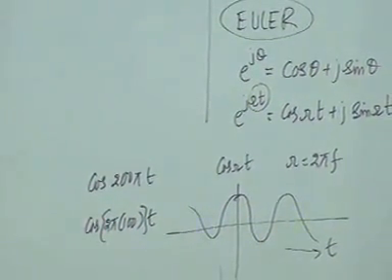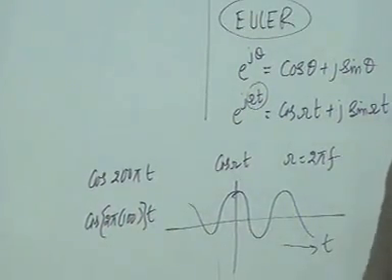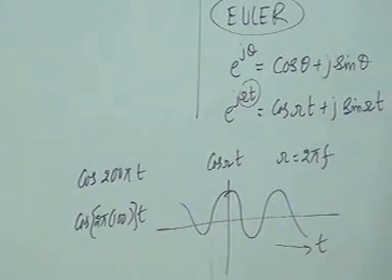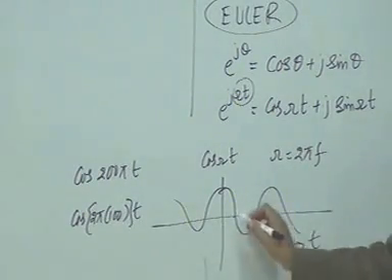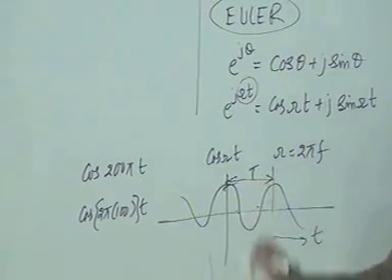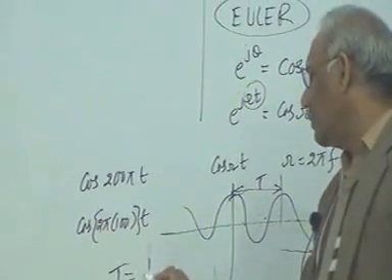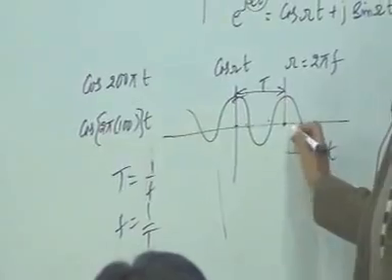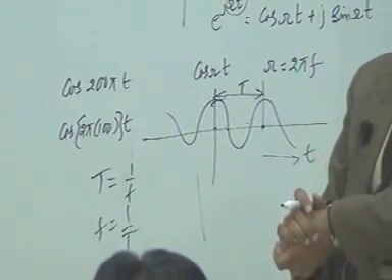If we have a cosine, that's a single frequency, right? And this is a real frequency. There is no imaginary part. We can plot cosine omega t against t. And if we know the value of omega, you will see the crossings will be occurring at particular time instances, and the time period T is actually what? 1 over f, or f is equal to 1 over T. So that time period in seconds will tell you what is the frequency of this sinusoid.